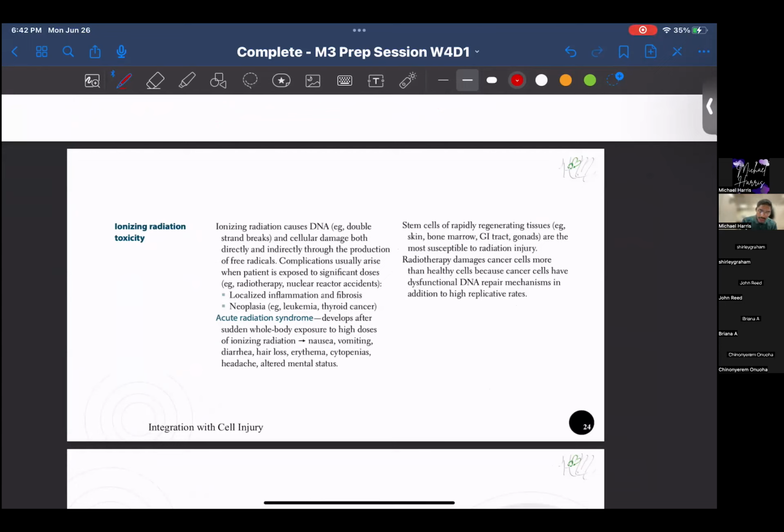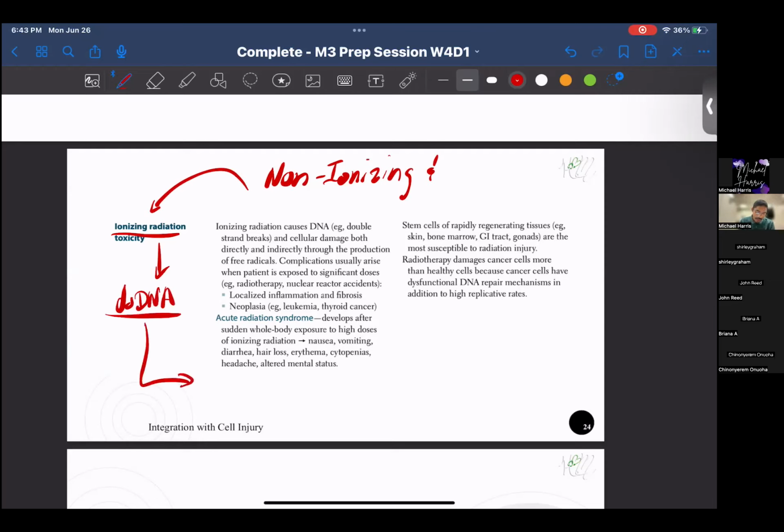If you remember back in year 1, you have non-ionizing and ionizing radiation. Ionizing radiation leads to double-stranded DNA breaks, right? And these double-stranded DNA breaks are fixed by what?